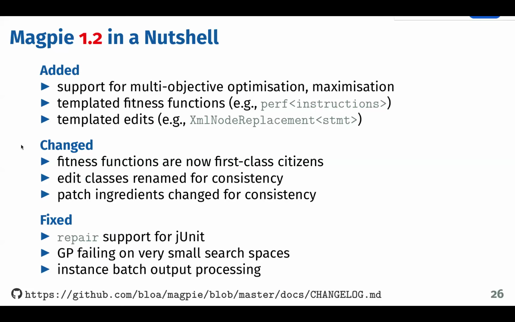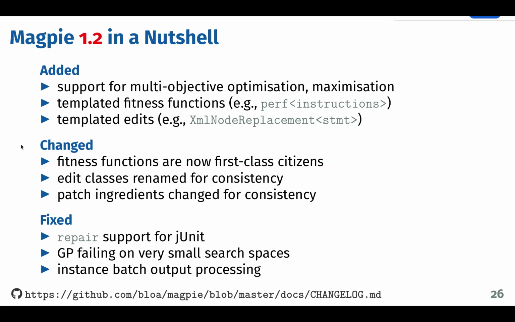And for those who are using Magpie, here are the things that I added since last year. I did support for multi-objective optimization. So if you want to optimize multiple things at the same time, you should be able to do it now. The algorithms are still single objective, so there is still work to do in that direction, but the basis for multi-objective optimization is done.